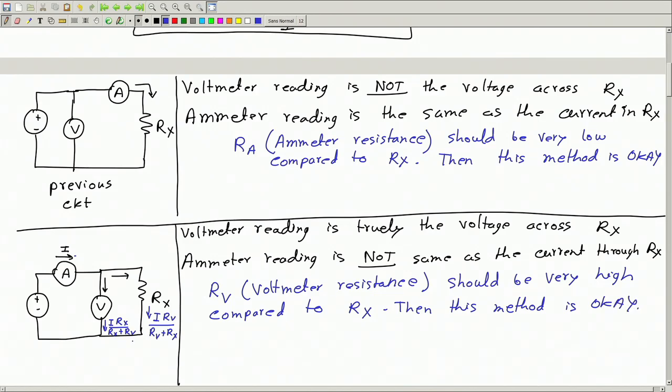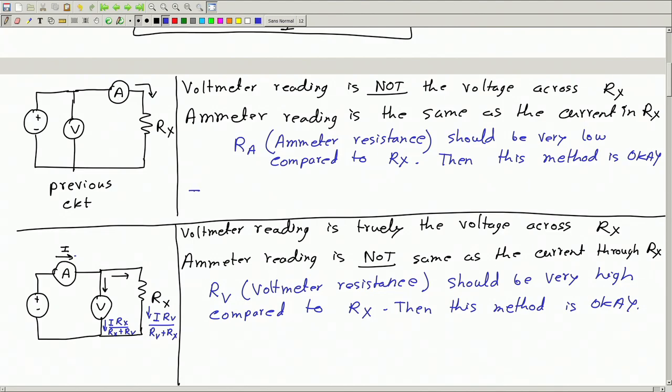So that means it depends. If I have to use a voltmeter and an ammeter to measure an unknown resistance, then which circuit I choose will depend on the comparative values of Rx and Ra, Rx and Rv.